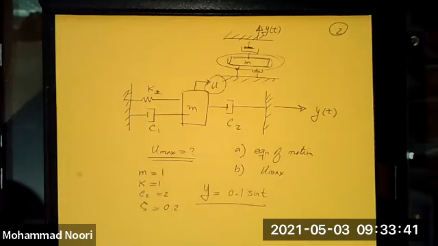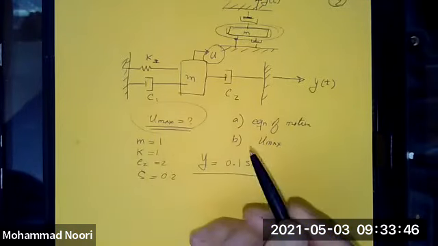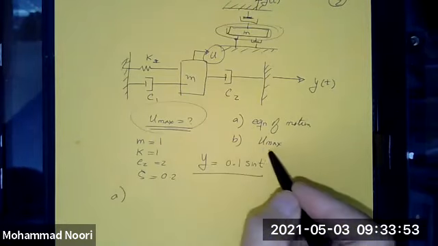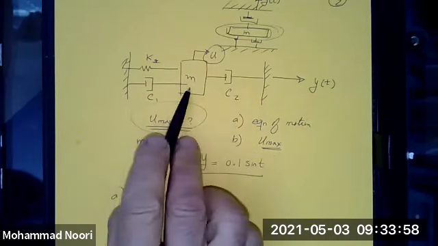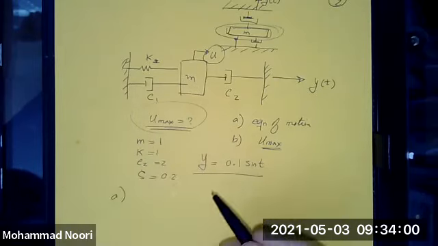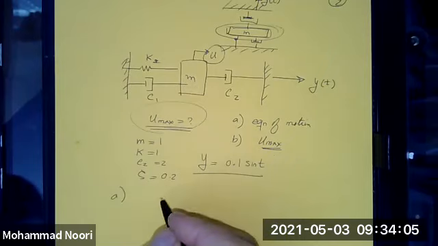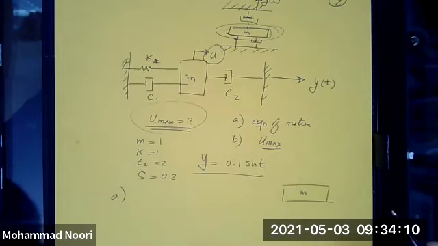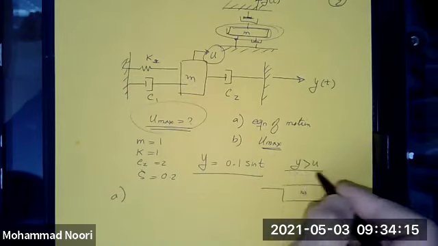With that information given, let's solve the problem. We want to find the maximum displacement. As the first step, we need to derive the equation of motion. Our concern is the maximum displacement that this mass experiences, or the relative displacement. The equation of motion can be easily found by setting up the free body diagram, assuming y is greater than u.